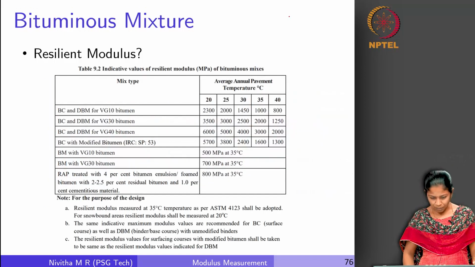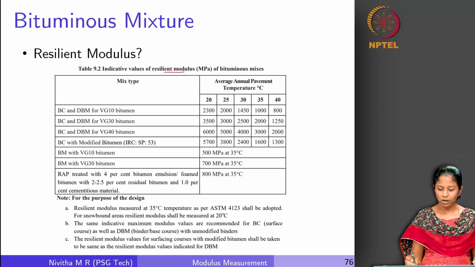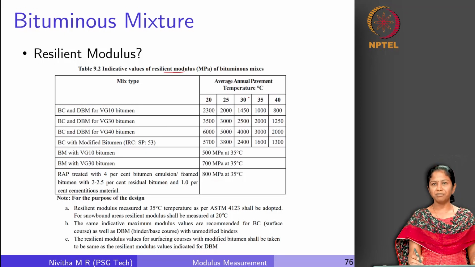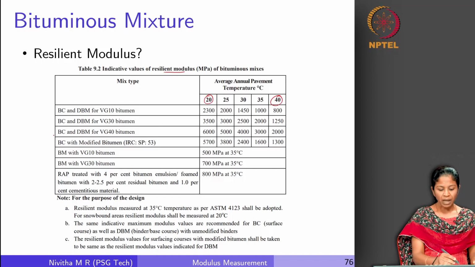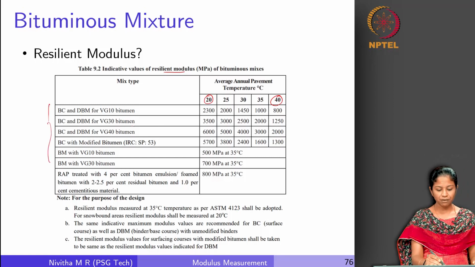Now, if you look at Table 9.2, which has indicative resilient modulus, you can see it is given for different annual average pavement temperatures from 20 degrees Celsius to 40 degrees Celsius, again for different grades of bitumen. We have VG 10, 30, 40, and for modified bitumen separate values are specified.